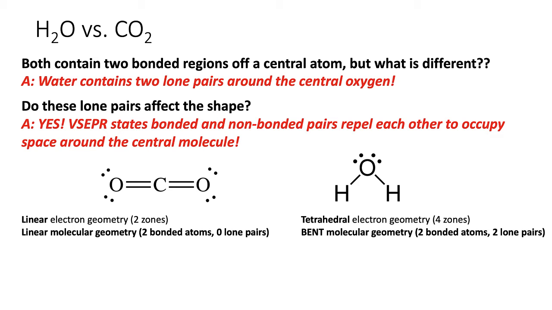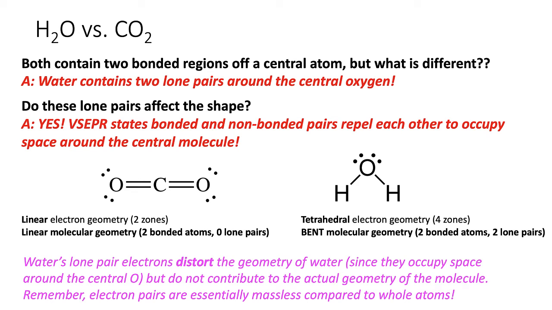However, 2 of those zones are lone pairs and don't actually contribute to the shape itself. They only distort the shape through the lone pair electrons. And therefore, what we'll have here is a bent molecular geometry where water is not linear like CO2, even though both have 2 bonding domains. The existence of those lone pairs forces the linear structure into a bent structure.